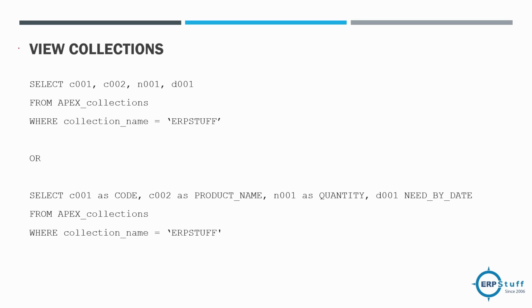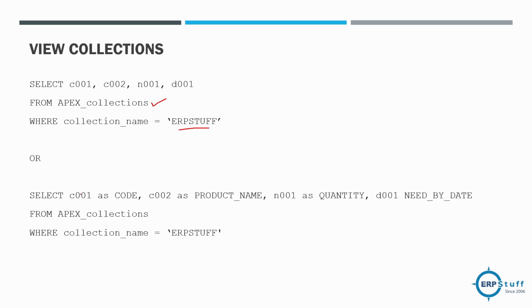Okay, view collections. Now how to view? For that you will write select C001 etc. and all these columns which you have used, and then from Apex collections view, where collection name is equal to ERPstuff. You have to give your collection name, right? Otherwise it will return other collections as well.